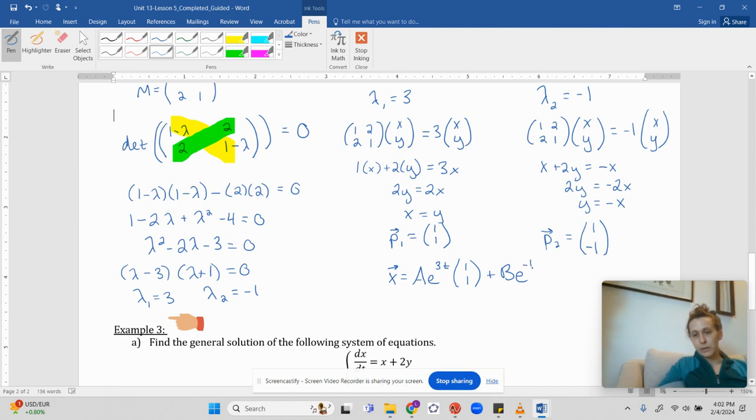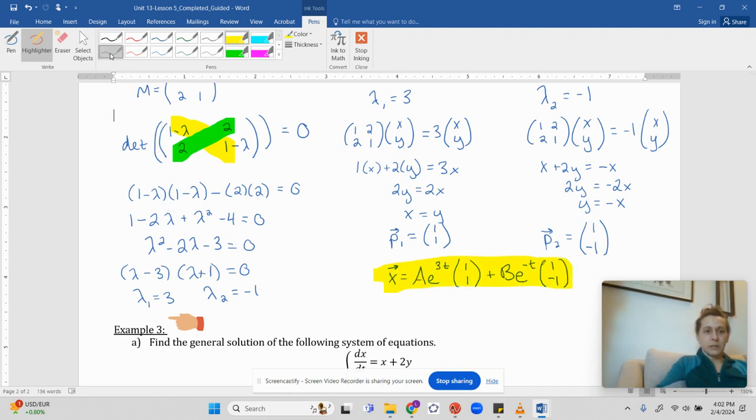So the other lambda is negative 1, lambda 2, times the eigenvector 1, negative 1. This is the solution, or your final answer is right here.